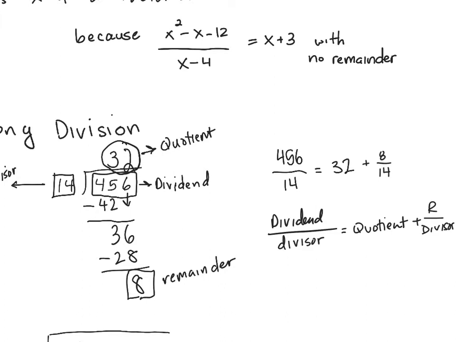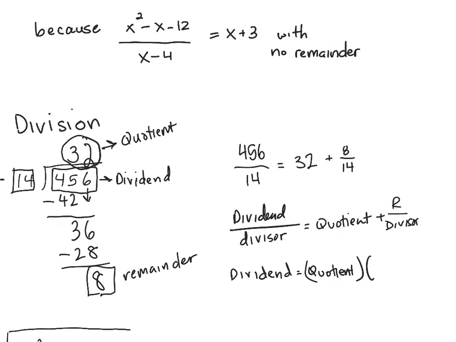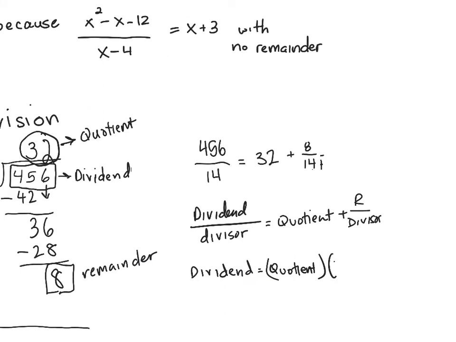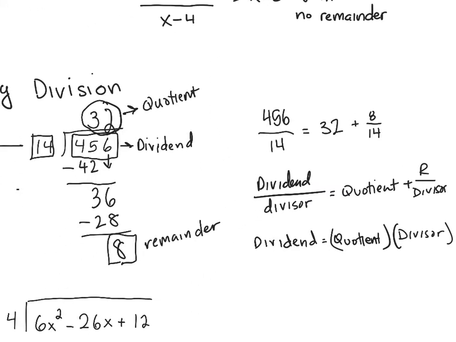And another way of writing this, we could say that the dividend is equal to the quotient multiplied by the divisor plus the remainder. Okay.